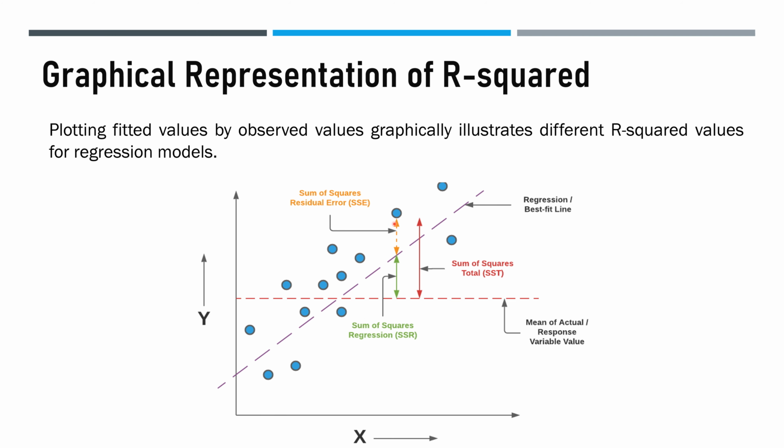The difference between the actual point and the regression line is known as sum of squares of residual error, also known as SSE, and the difference between the regression line and the mean value is called sum of squares of regression, also known as SSR, and the difference between the actual point and the mean is known as sum of squares of total, called SST. These are all the parameters which help in generating the formula for R squared.